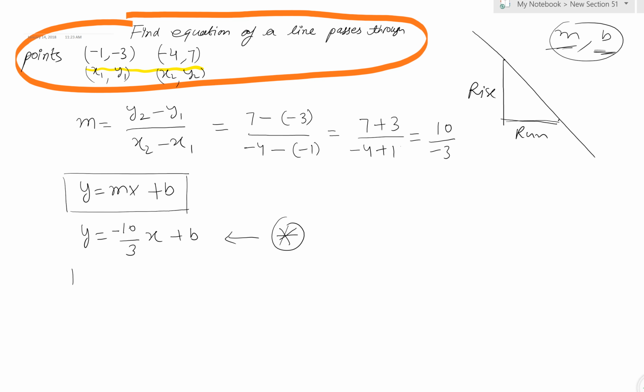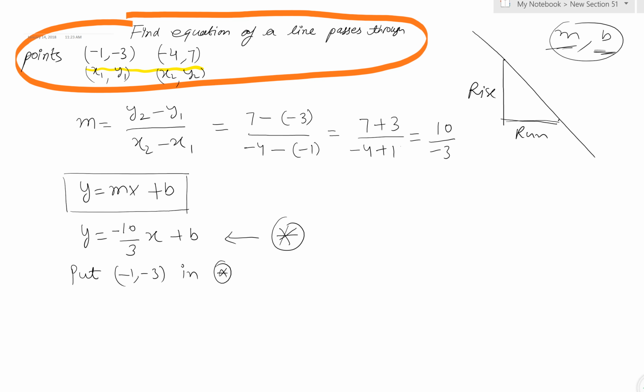And now I put my point -1, -3 in this equation, because it must satisfy this equation. That point belongs to the line. It lies on the line.